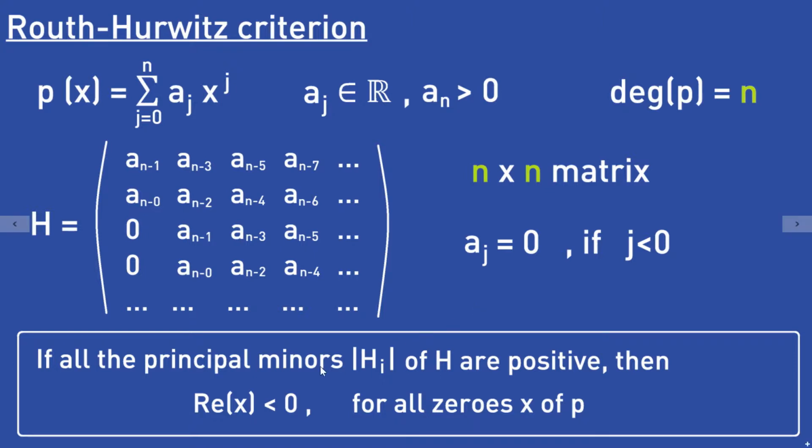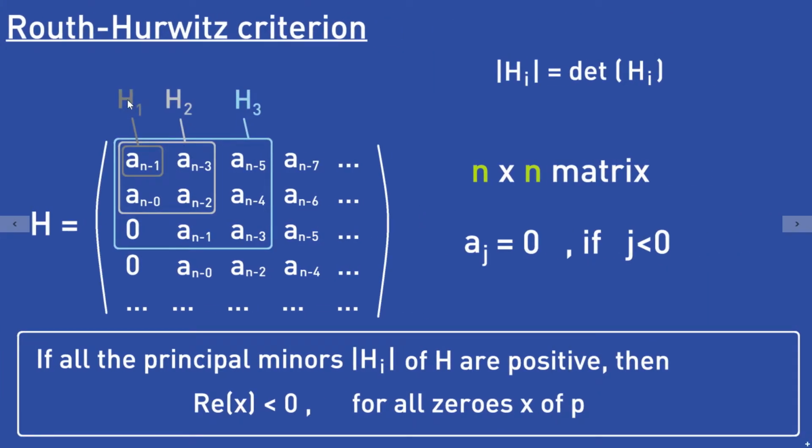The principal minors of the matrix H are the determinants of the submatrices that are situated in the northwest of this matrix H here. So here you have H1, this here is H2, and this here is H3.